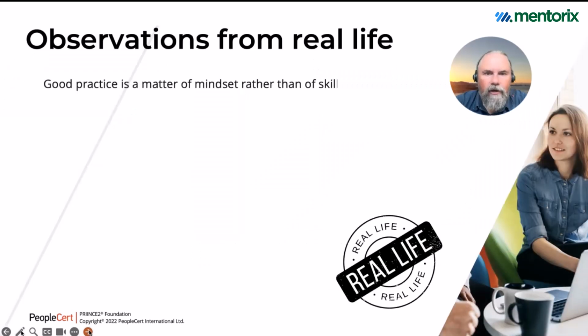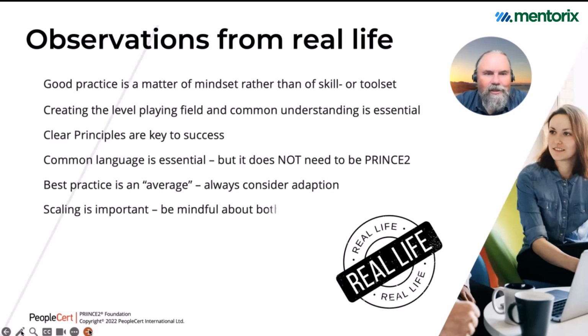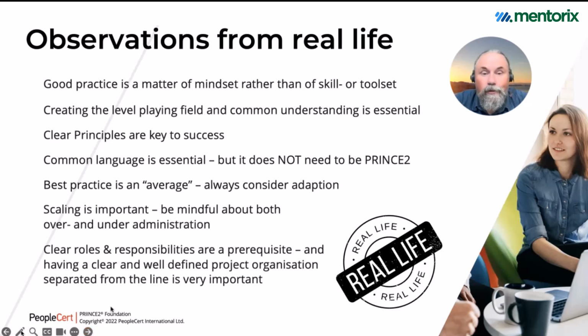If I take a look at some of my observations from real life using Prince2, one of the things that is really interesting is that good practice is actually not a skill or a tool set. It's much more a matter of a mindset. So even though the Prince2 manual has a lot of tools provided, called techniques in Prince2, it does also, via the principles, try to describe a certain mindset.